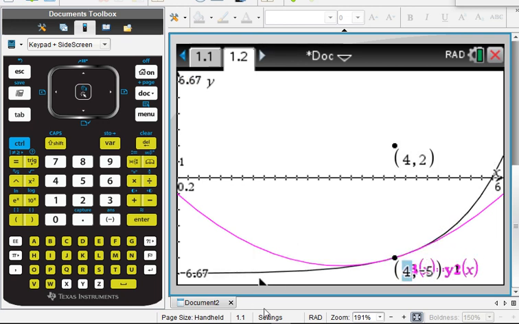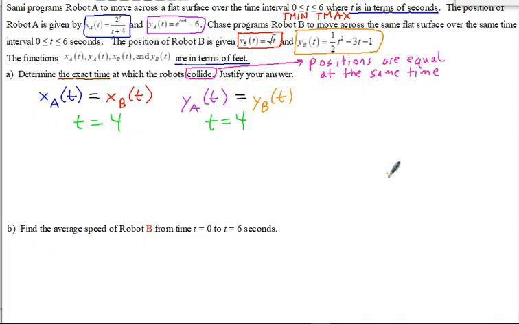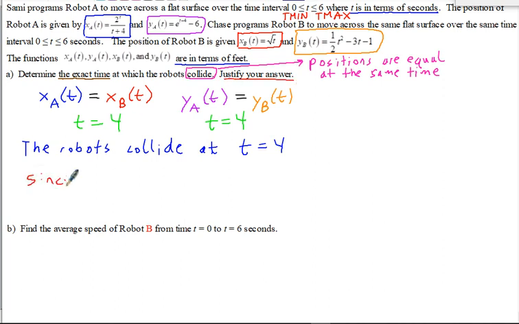All right, so now all we have to do is write down our answer and justify it. So we can say the robots collide at t equals 4. And then to justify it, we can just describe what we just figured out with our graphing calculator.